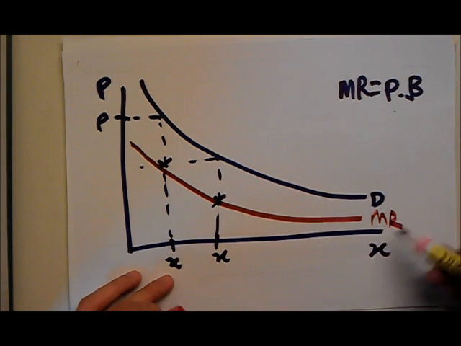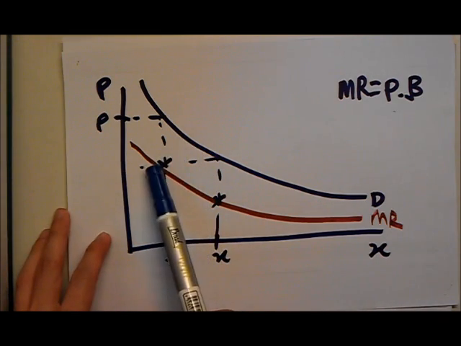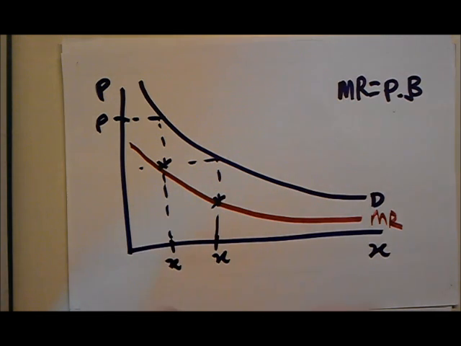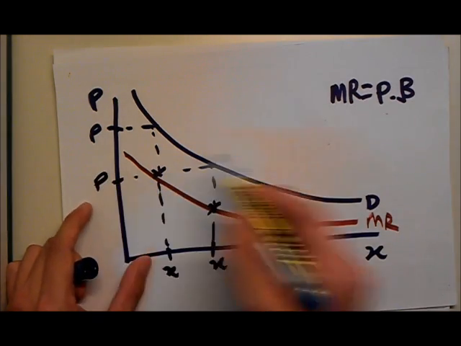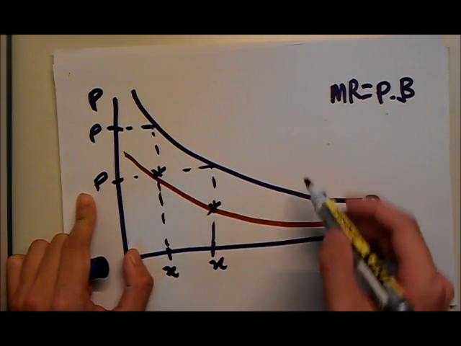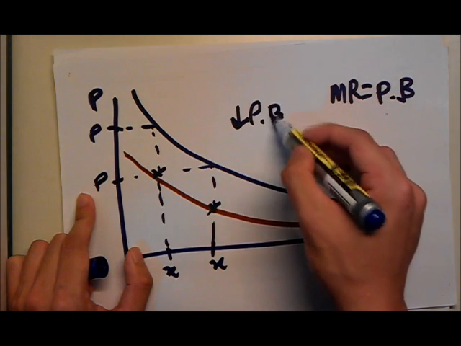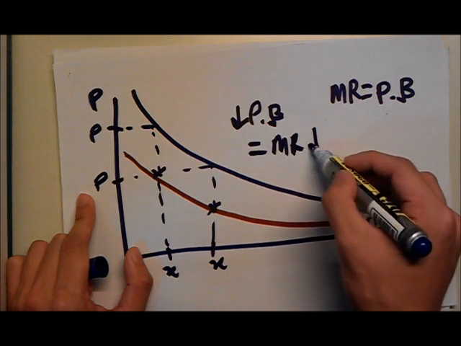MR. Okay, now notice that the gap between the marginal revenue and the demand curve keeps on getting smaller. Why? Because it's the very fact that B here is a fraction of price. So when B is always a fraction of price, as price becomes smaller and B remains constant, MR keeps on getting smaller.